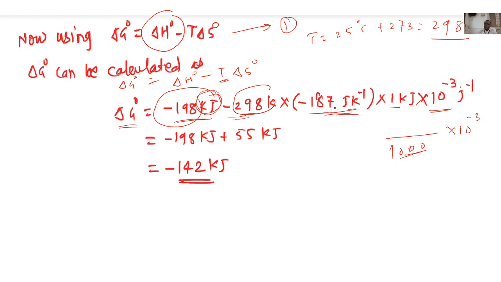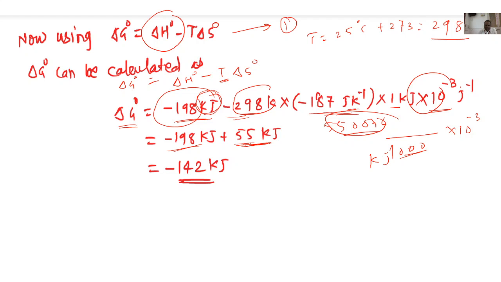Therefore, if you multiply this value, it comes out to be plus 55 kilojoule. The value comes out to be 55.0076 like that, and if you round it to kilojoule, it comes out to be 55 kilojoule. Therefore, if you subtract these values, the lower value gets subtracted from the higher value.